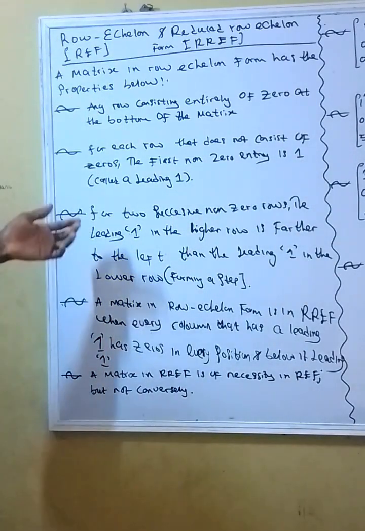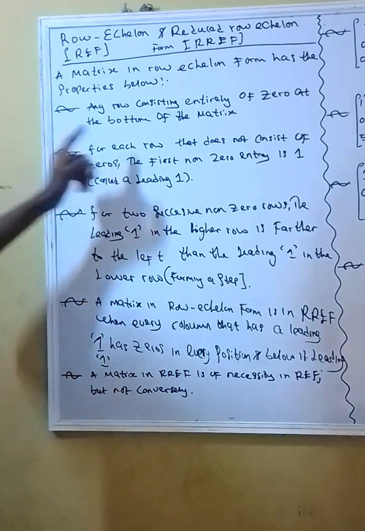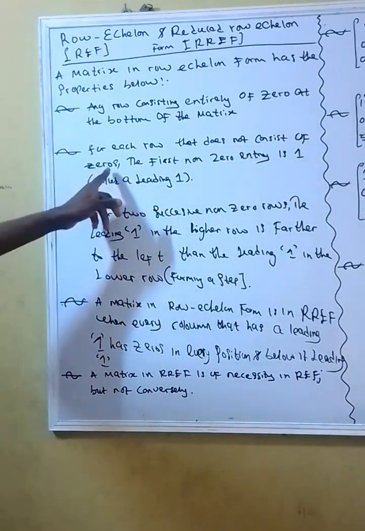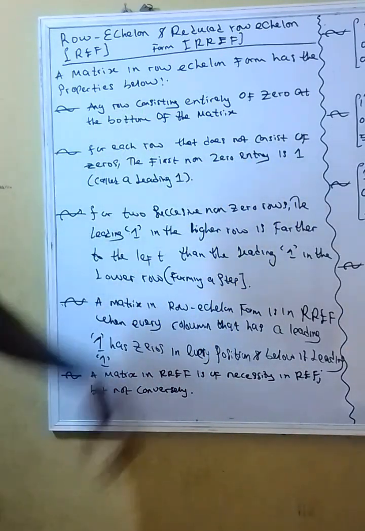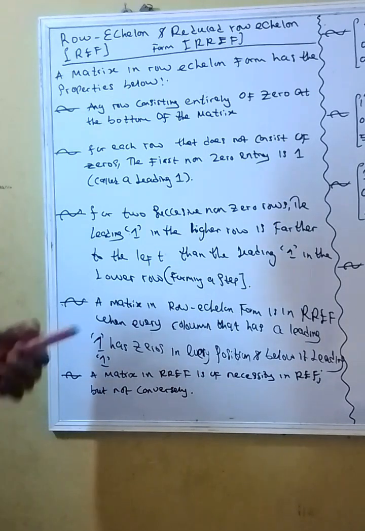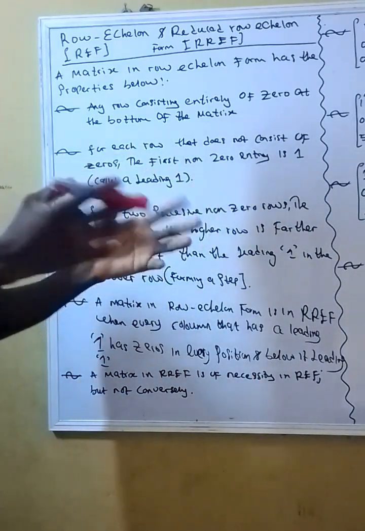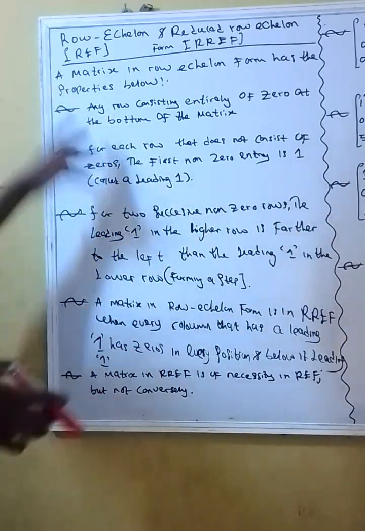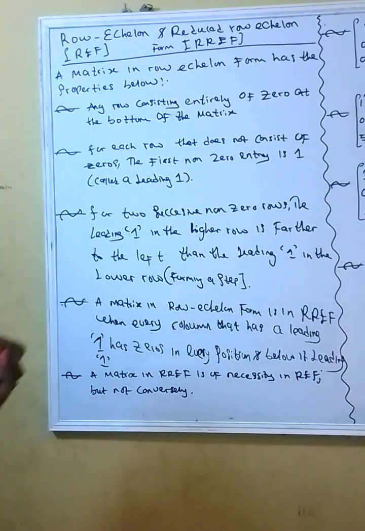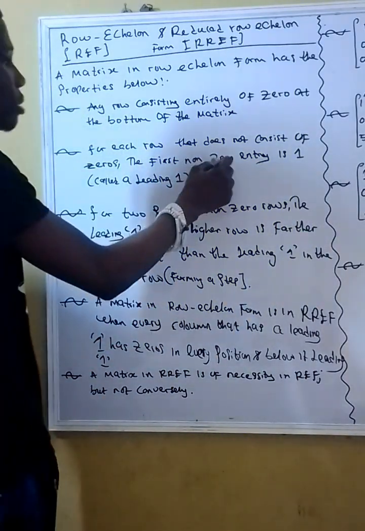The second property tells us that for each row that does not consist entirely of zeros, the first non-zero entry is always 1. And if you remember, I said I will bring a practical aspect to explain all this with the matrix. Let's assume we have a particular matrix like this.